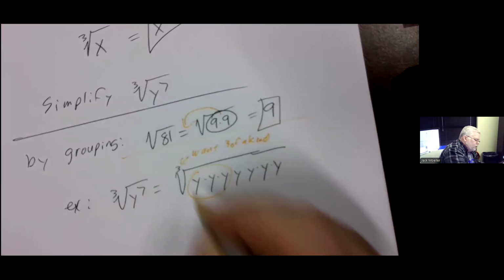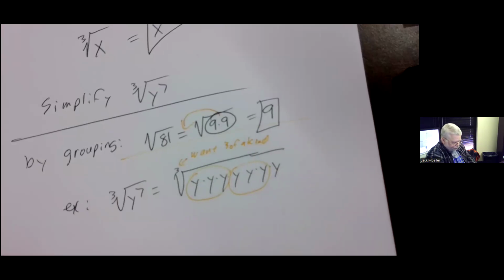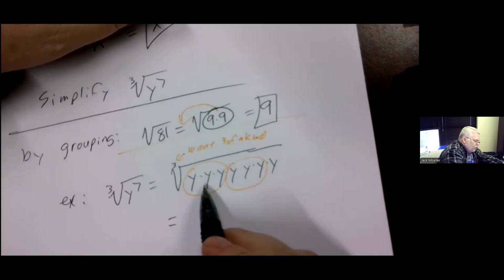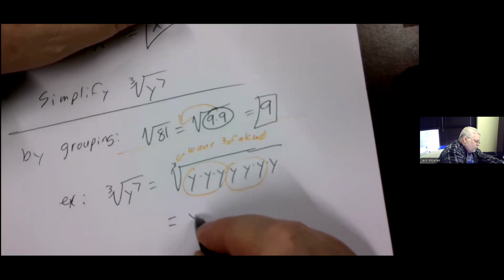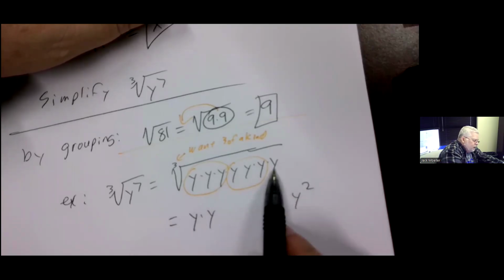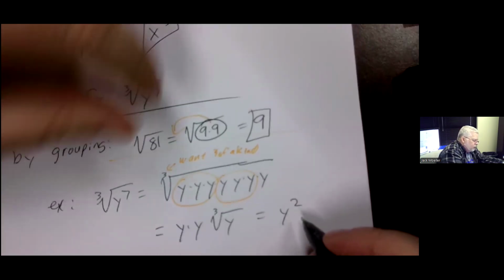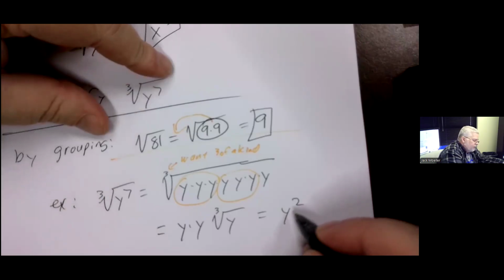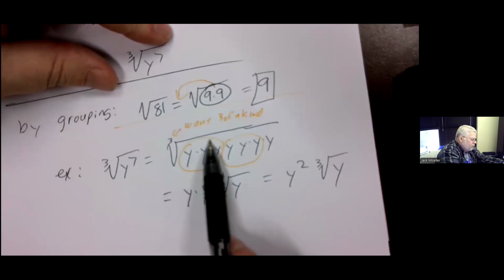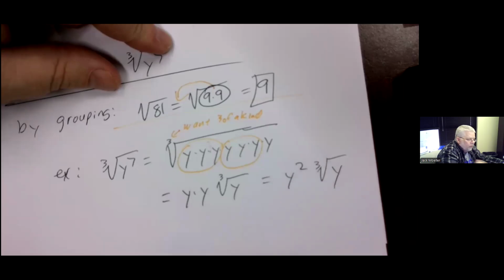There are 3 y's, and there are 3 more y's, and we have 1 left over. How does that give us our answer? I have 2 groups, so I'm pulling out 2 y's, which gives me y times y, or y squared. Inside, we have a y left. It is a cube root, so don't forget the 3. So the cube root of y to the 7th simplifies to y squared times the cube root of y, because we have those two groups and 1 left over.